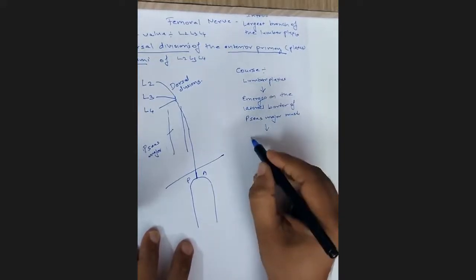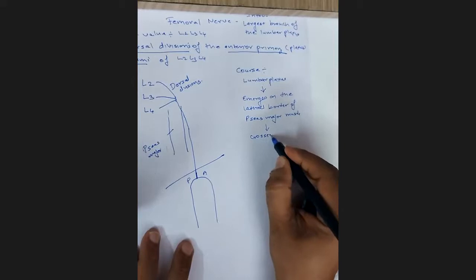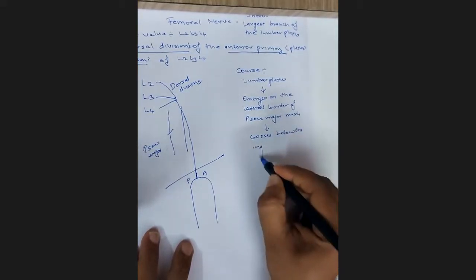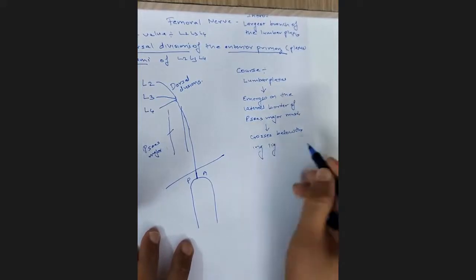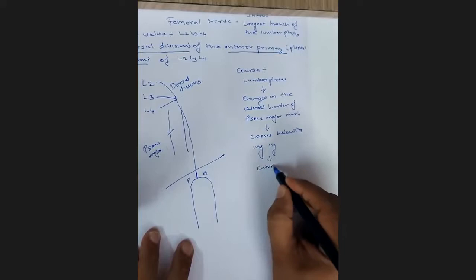Then it crosses below the inguinal ligament and enters the femoral triangle.